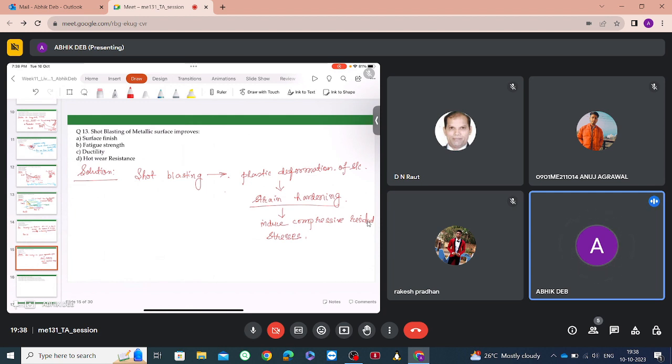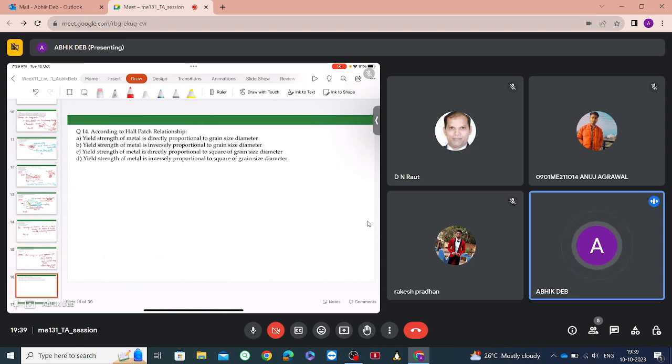The induced compressive residual stress will prevent cracking when there is tensile stress, acting opposite to the applied tensile stress, and so improve the fatigue strength. Option B is the correct answer.